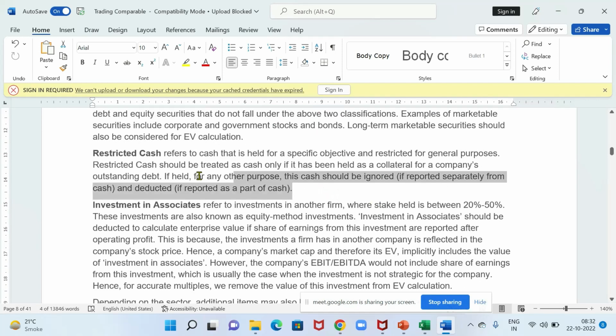Restricted cash. This is a very critical thing to understand. Restricted cash, by the name itself, says that this is specifically restricted to a particular activity. If you see, when a company goes for an IPO or enters into M&A or raises debt, you'll see restricted cash in their current assets. What does that restricted cash mean?